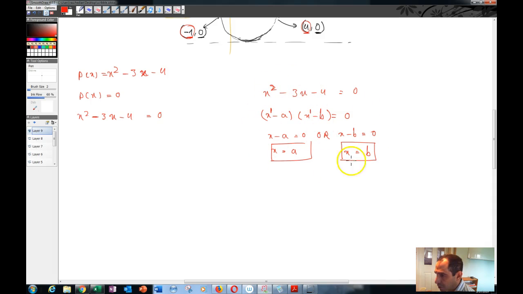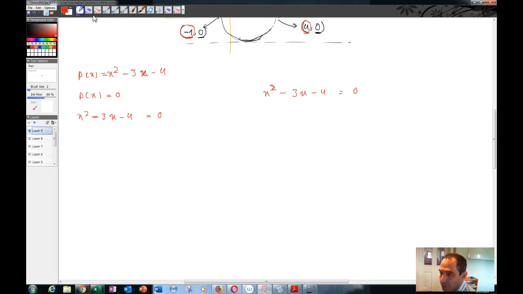So in order to be able to do this, what we usually do is rewrite this middle term in such a way that it can be factored.